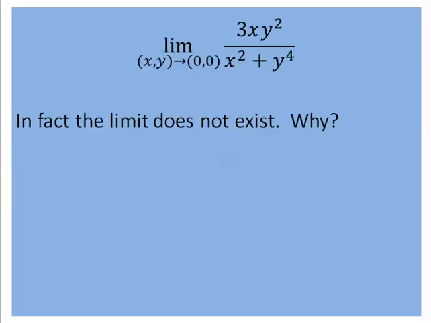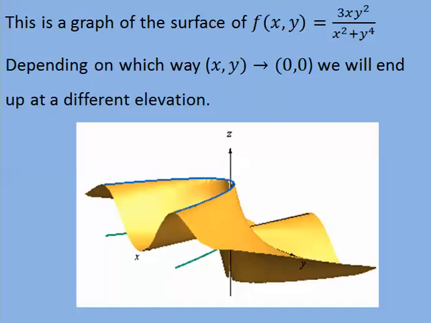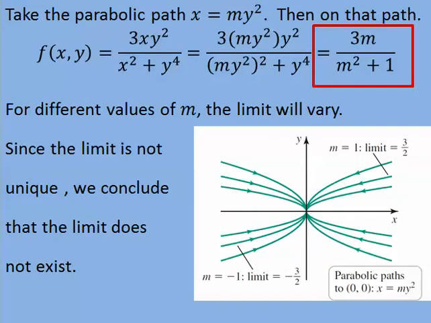In fact, the limit does not exist. Why? Look at the graph of the surface. Depending on which way (x, y) approaches (0, 0), we will end up at a different elevation. Expressing this formally, if we take the path x = my squared, then on that path the function is equal to this rational expression.